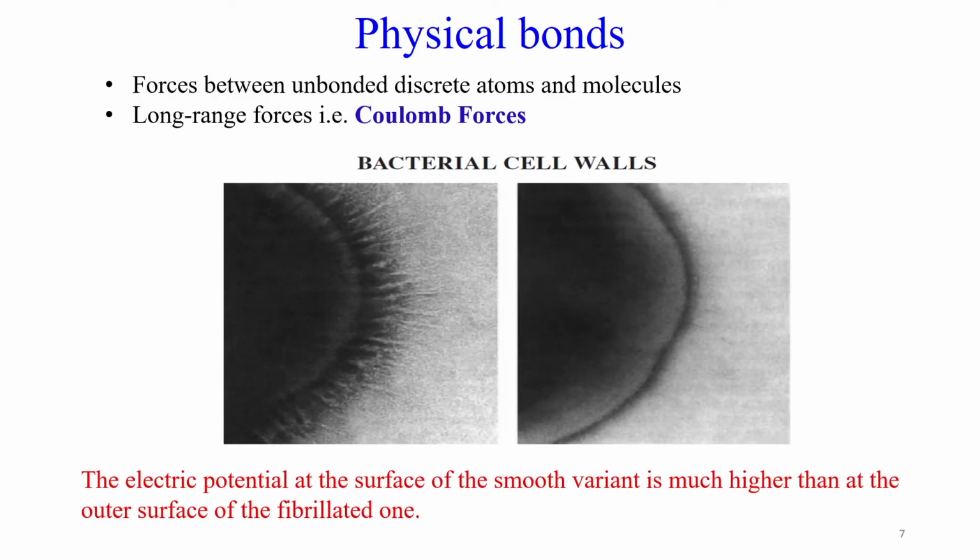If you just see, these are two bacteria. In one case it is having a smooth cell wall, in the other case it is having a fibrillar or spiked cell wall. Now, in which case will it have more surface charge?